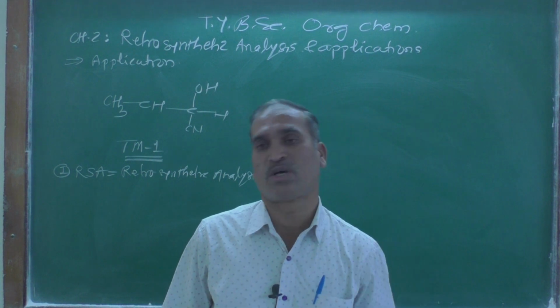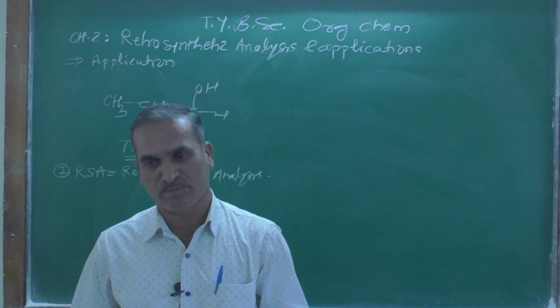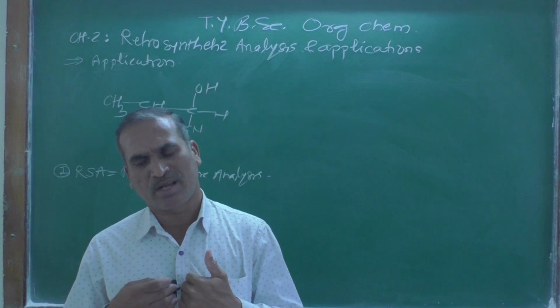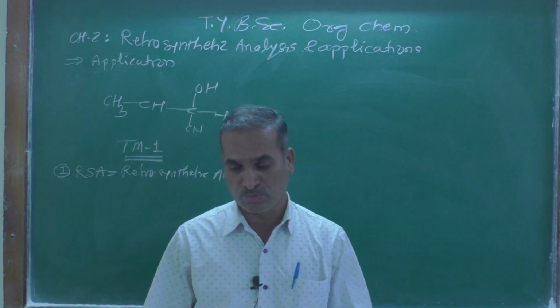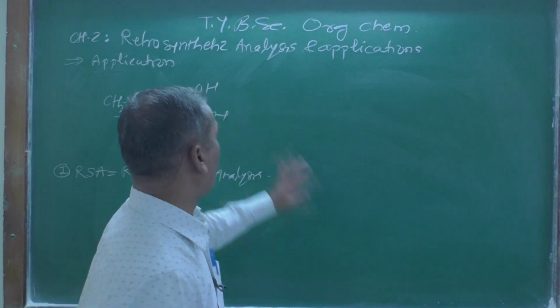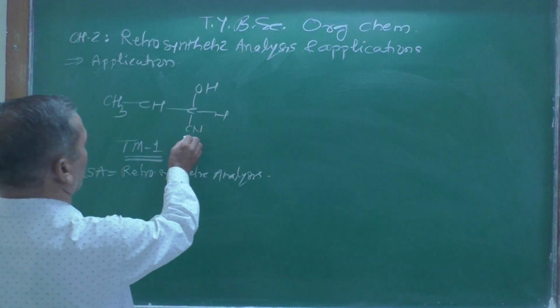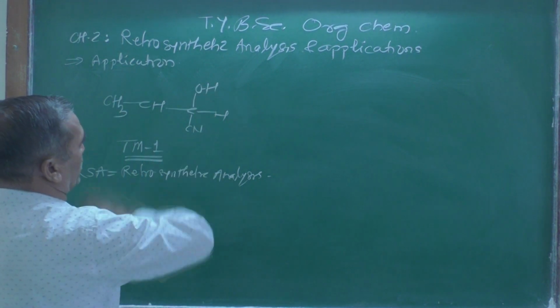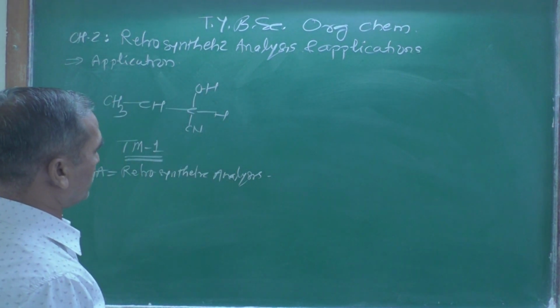How many functional groups are present in the organic compound? Particularly here, look, one is a cyanide and one is a hydroxy group.